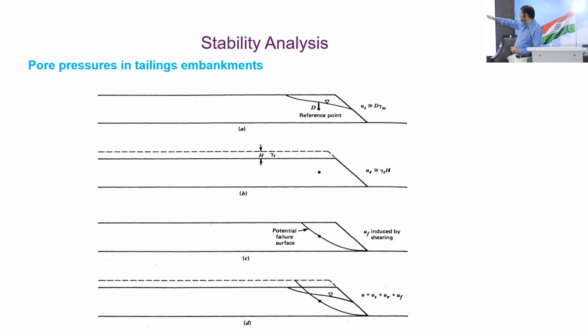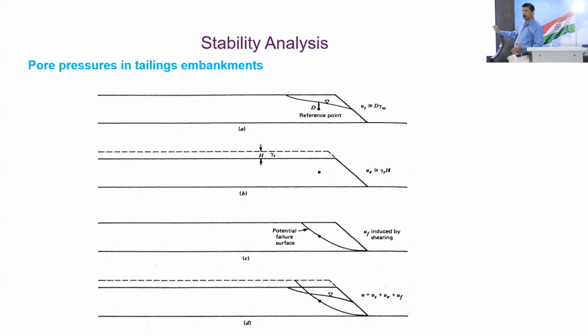And if a failure develops, like you have a critical failure surface which develops, then that will again generate some shearing pore pressure, another extra pore pressure. This is a new additional pore pressure generated due to shearing, which we call UM.